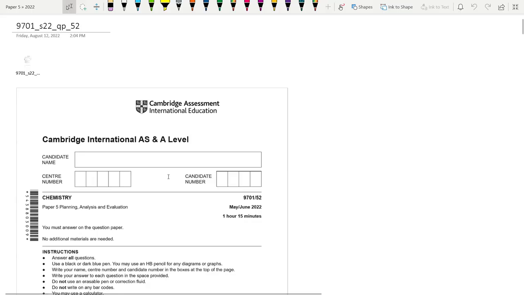Before we start, I wanna take a look at the threshold. So for paper 5.2, you guys know that 30 is the highest mark. A was at 20, B was at 18. That's a very small difference.